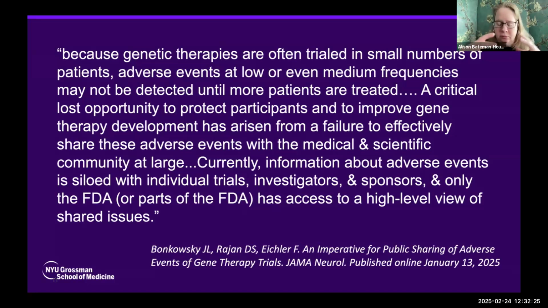People might die, they might have some other serious medical issue that seems related to the intervention, but nobody knew to look out for that, because when it had happened in another study of the candidate therapy, it wasn't shared. Currently, information about adverse events is siloed with individual trials, investigators, and sponsors, and only the FDA, or parts of the FDA, has access to a high-level view of shared issues.